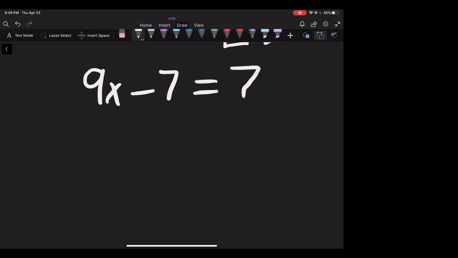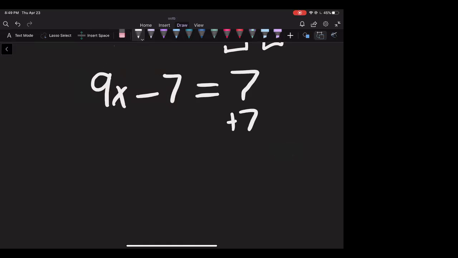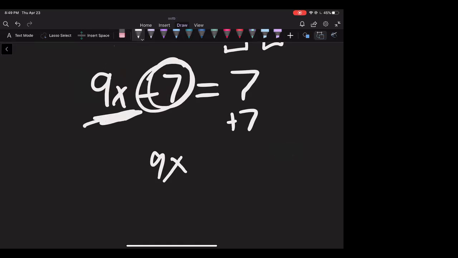So we're going to add 7. And then we have 9x, because this is still part of the equation. We got rid of this, we still have this. And there's a 14. 9x equals 14.